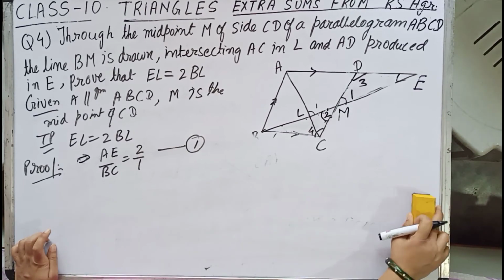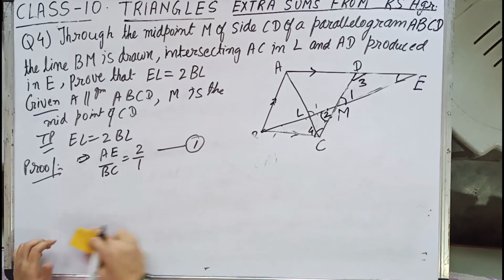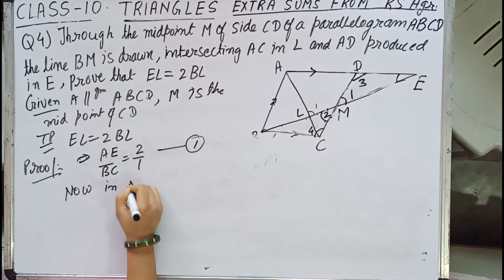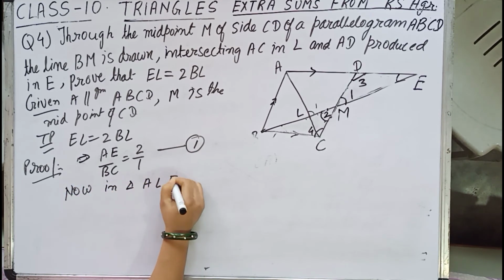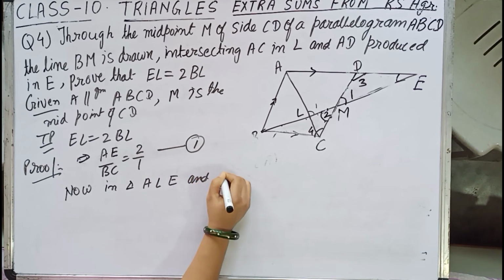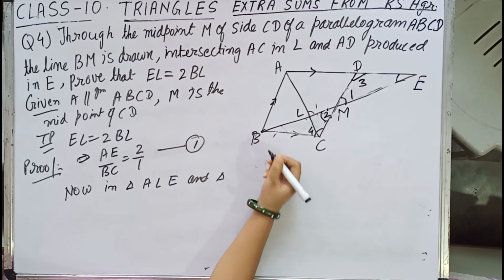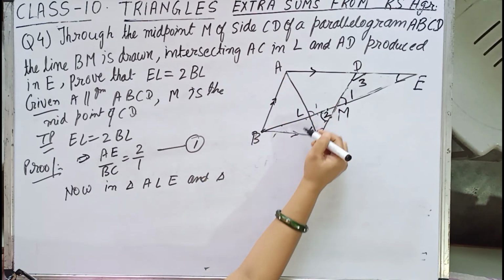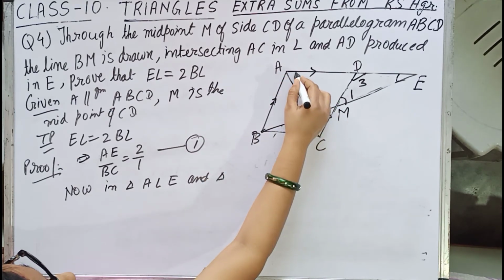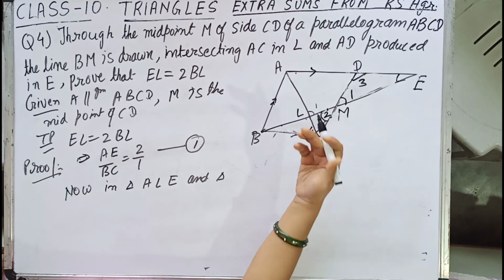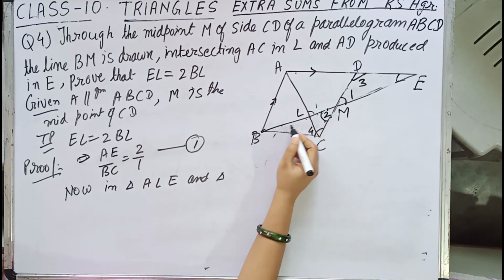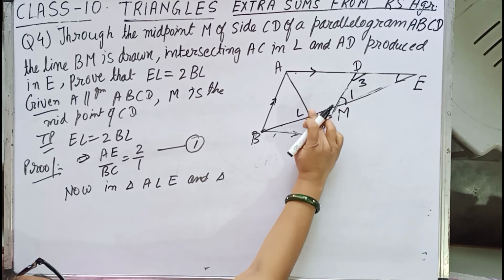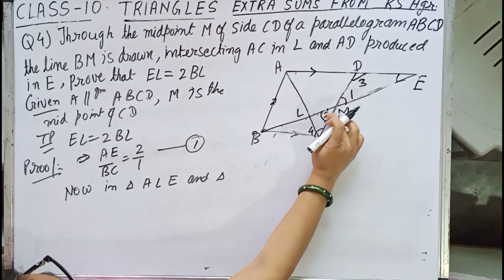So the main thing we have proved. Now only the similarity part. Now in triangle ALE and the other triangle, these two triangles we will prove similar. Angle 1, 2, 3, 4 are already named.